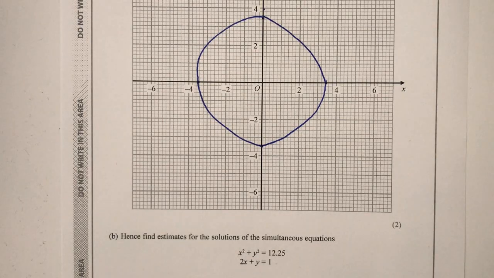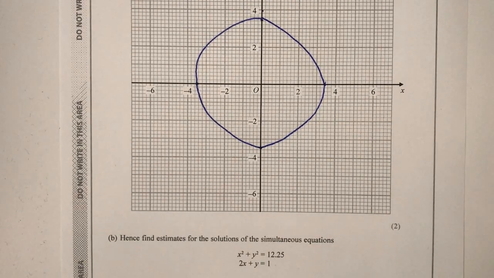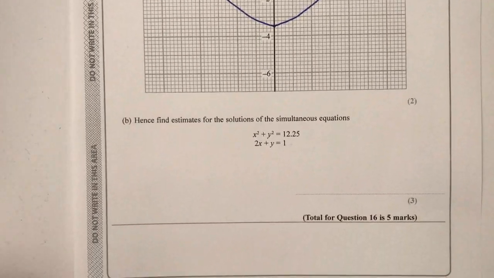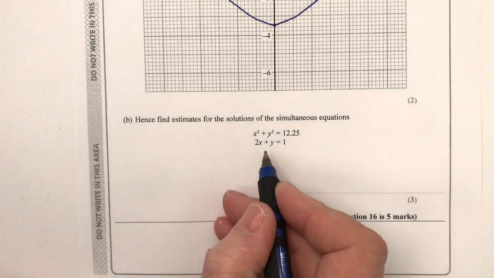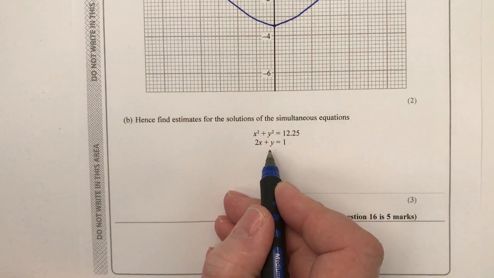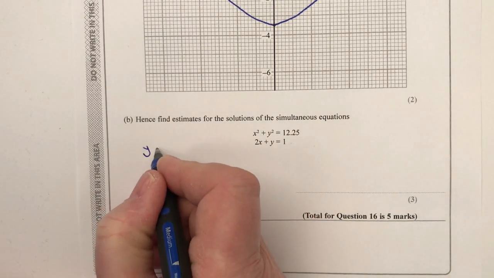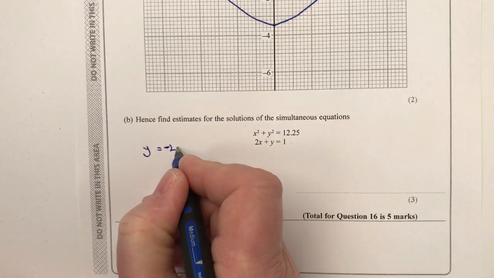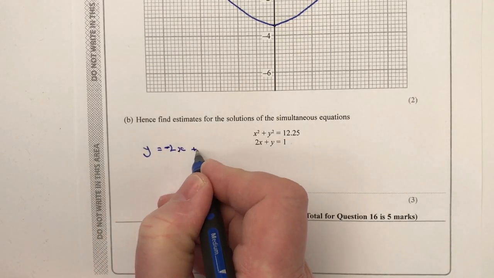But let's have a look at 2x plus y equals 1. I need to rearrange that into the y equals mx plus c format. So I want to make y the subject. If I rearrange that, I've got y equals minus 2x plus 1.